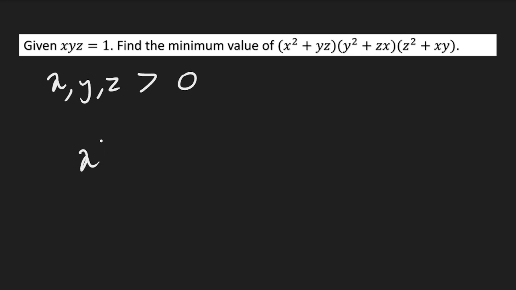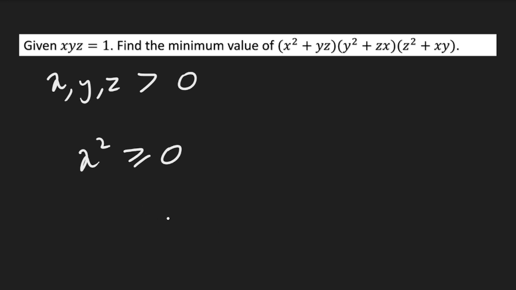So for example, x squared must be greater than or equal to 0. This is a very basic inequality. But in this case, I would like to touch upon a very specific inequality.